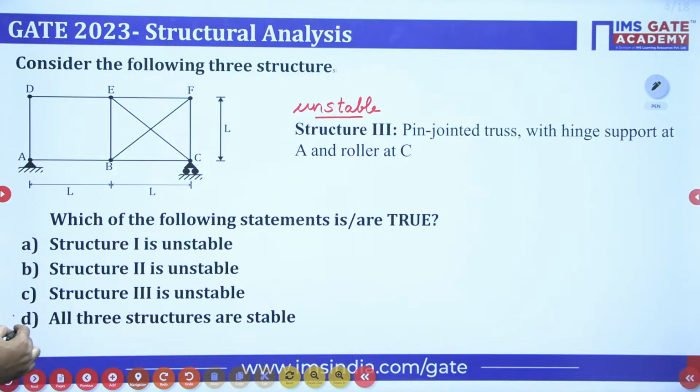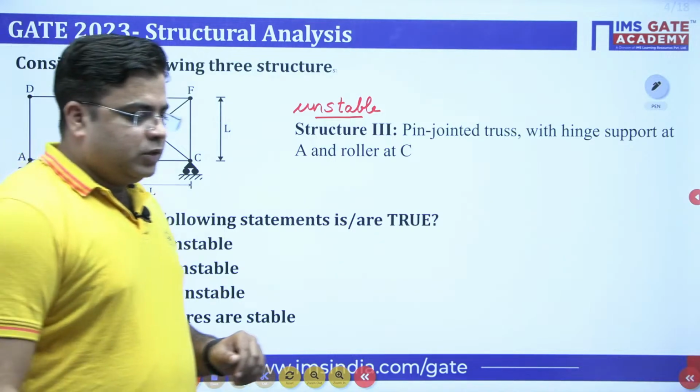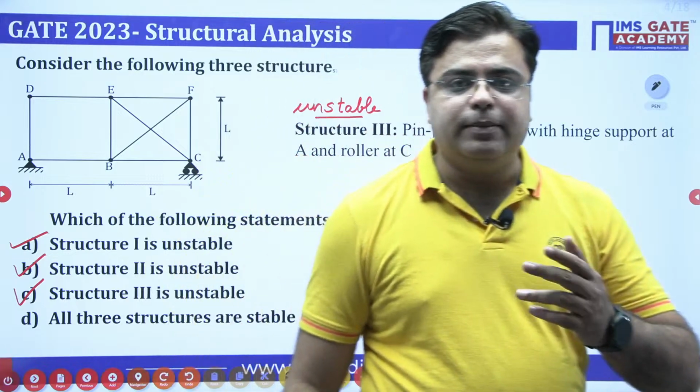When you check the options, option D is all 3 structures are unstable. Option A is structure 1 is unstable, structure 2 is unstable and structure 3 is unstable. So A, B, C are your correct options, right? So this is how you need to check for the stability of the structure.